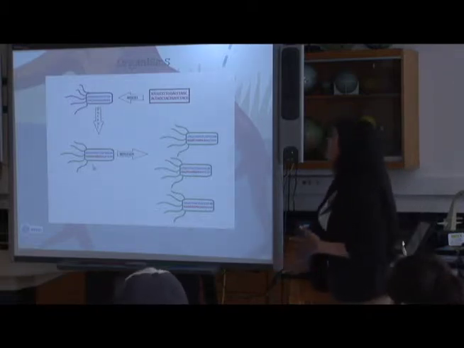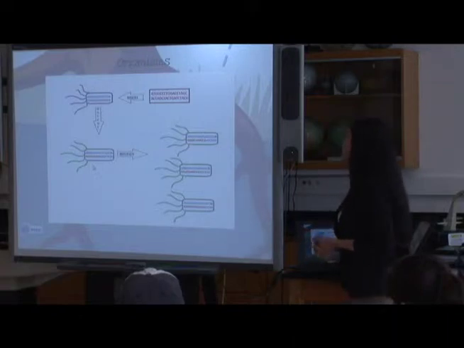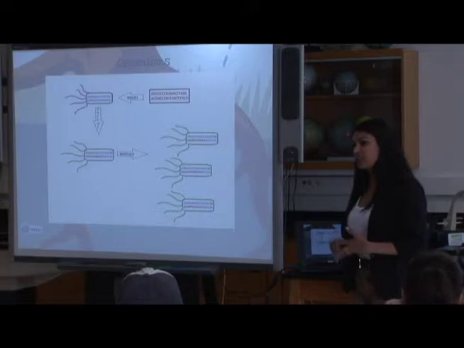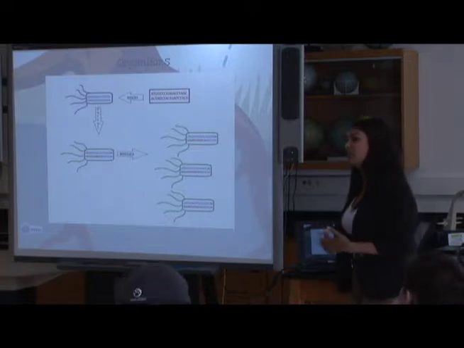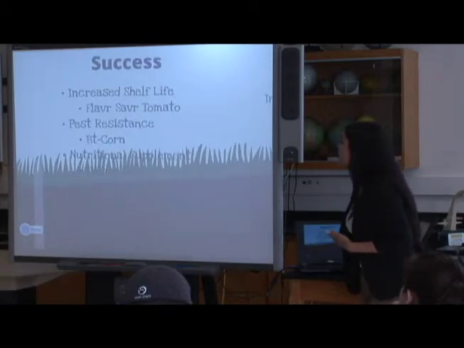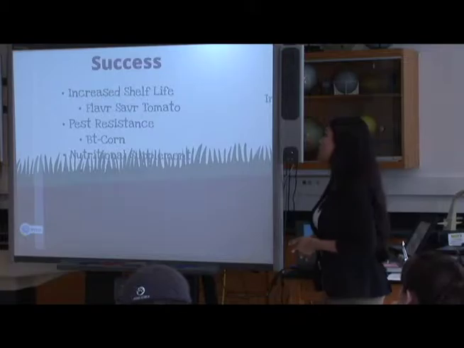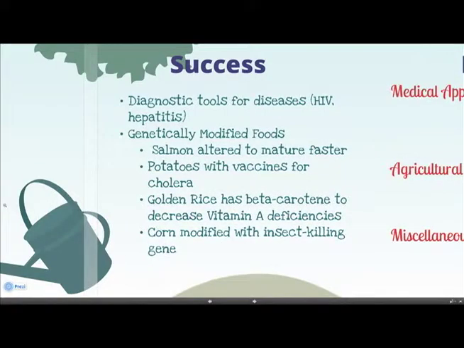Synthetic biology has been used in agriculture and many other parts of our world for decades now. But we're only recently starting to realize the potential that can be reached using some of these principles. So let's talk about a little bit of success that we've already had using genetic modifications, using synthetic biology in agriculture, since you guys are here on behalf of NewBio to learn about a sustainable energy future.